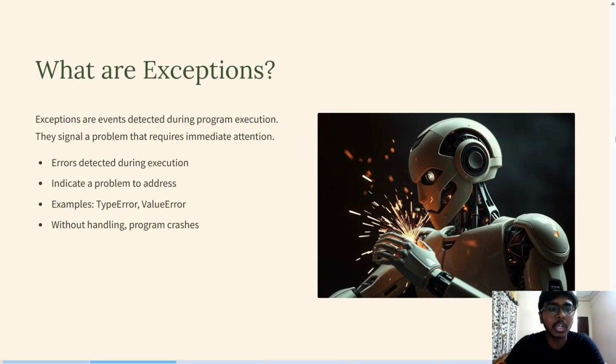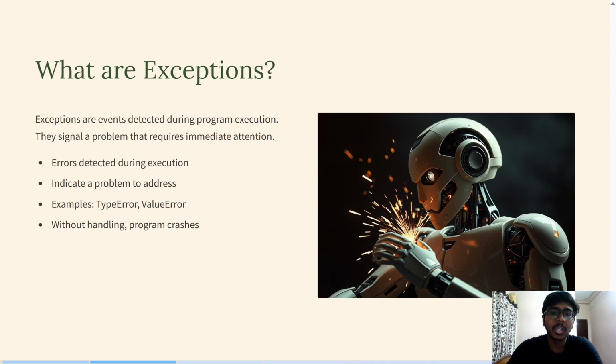So firstly, what are exceptions? Exceptions are events detected during our program execution. Like when we try to execute our program, there would be some kind of errors which occur dynamically without any syntax errors. Those types of errors are called exceptions, which are not in our hand to control, but they signal a problem that requires immediate attention. Like we need to give a particular solution to that kind of error so that the exception will not be raised and our code will run smoothly.